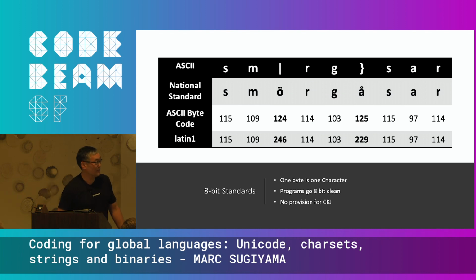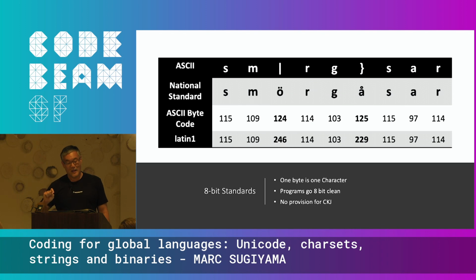So this was another example from Wikipedia where apparently Swedish programmers, when they were using ASCII and the national standard, got used to these odd characters replacing some of the important letters. In the ASCII bytecode, bytecode 124 is the pipe symbol.